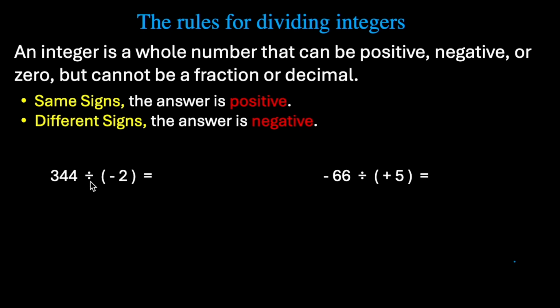Let's turn this problem into a long division problem. So that's my symbol for long division. It's like a side L. And we should know that the first integer before the division symbol is our dividend.